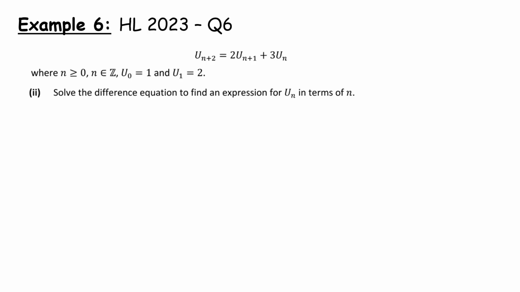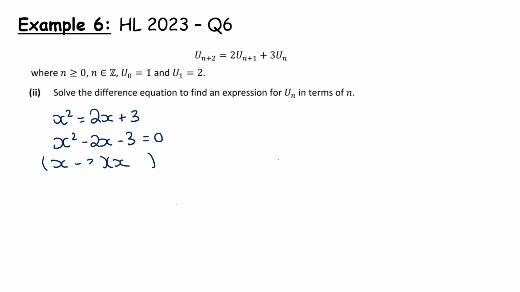What that means is we can create the corresponding characteristic quadratic equation, which is x squared = 2x + 3. So bringing everything over, x squared minus 2x minus 3 equals 0. That's going to give us (x minus 3)(x plus 1), and we get 2 roots, which are x = 3 and x = minus 1.